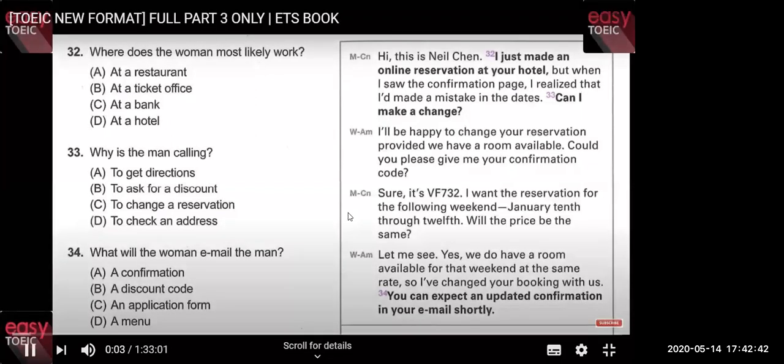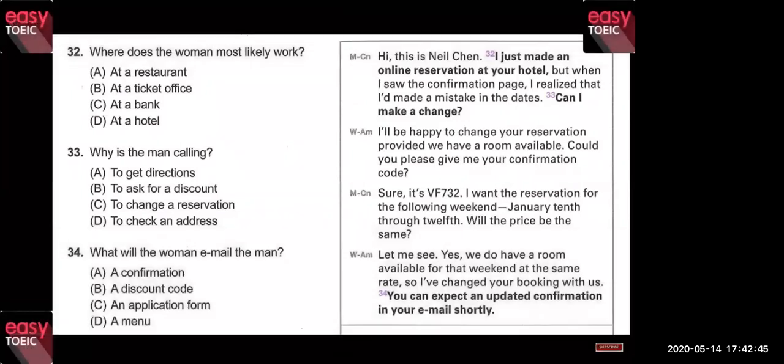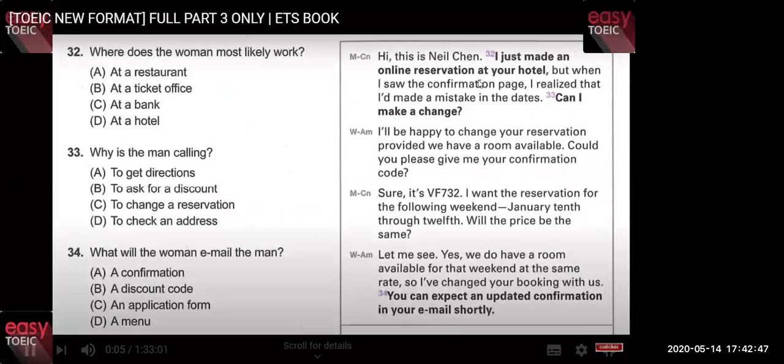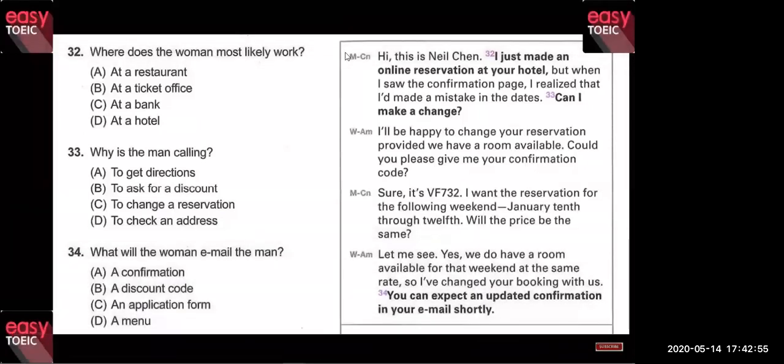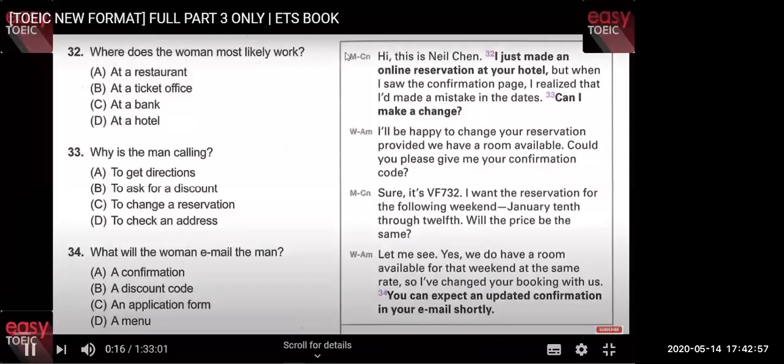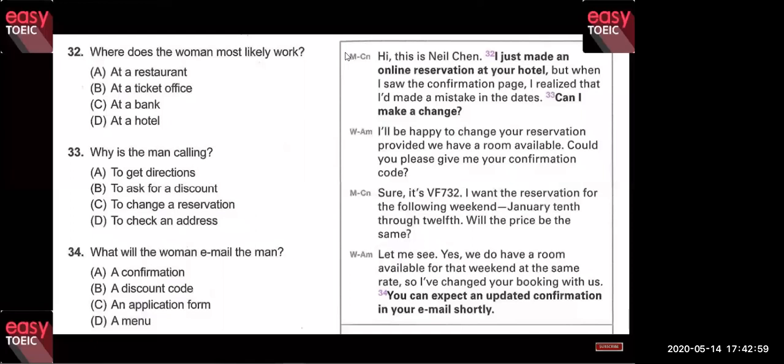Questions 32 through 34 refer to the following conversation. Hi, this is Neil Chen. I just made an online reservation at your hotel, but when I saw the confirmation page, I realized that I'd made a mistake in the dates. Can I make a change? I'll be happy to change your reservation, provided we have a room available. Could you please give me your confirmation code?